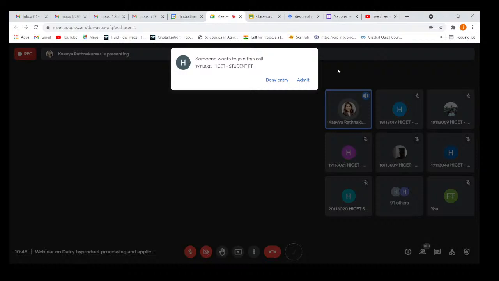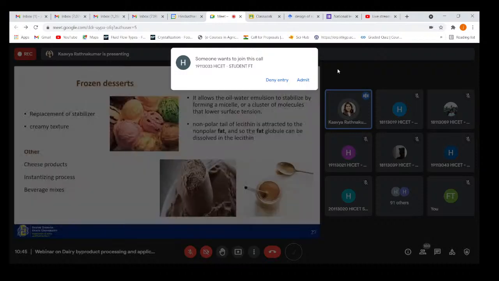In that case, instead of a soy lecithin, a dairy lecithin can be used. It is re-wetted to get a smaller structure so that it can easily mix with liquids or chocolate shakes. It can be used with phospholipids, and further in other beverage mixes as well.